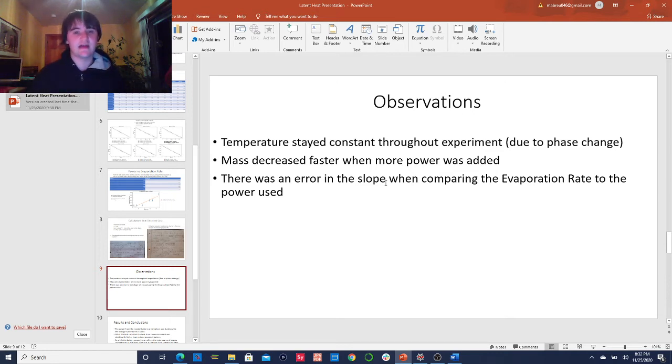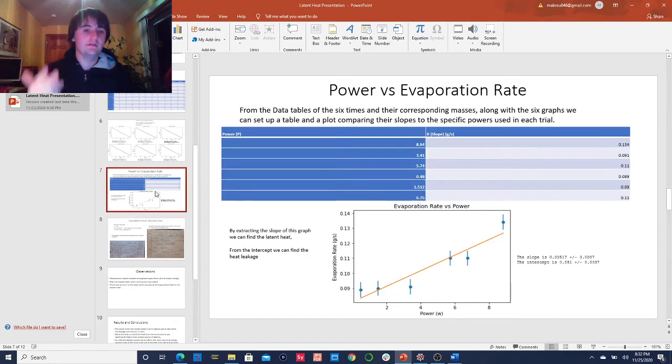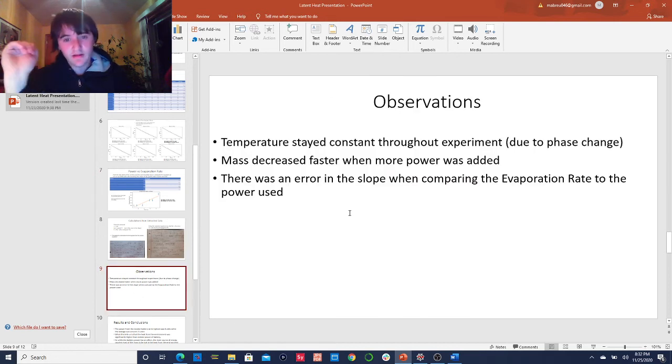We also notice, as said before, that the mass decreased faster when more power was added. That's what we were able to see with the steeper slopes. And the other thing we were able to see, based on the table measuring the power versus the evaporation rate, is that there's a bit of an error. So that's another observation that we can see.